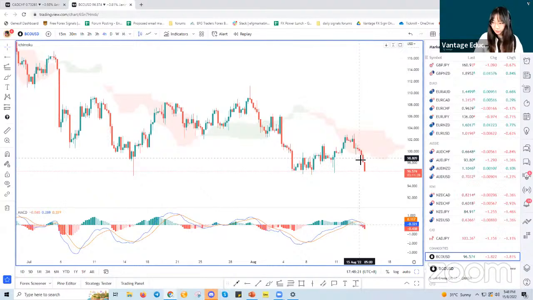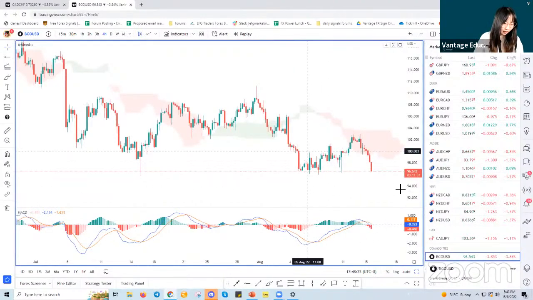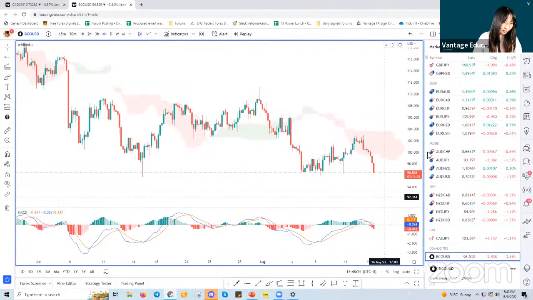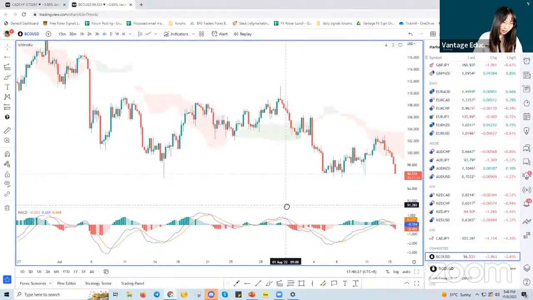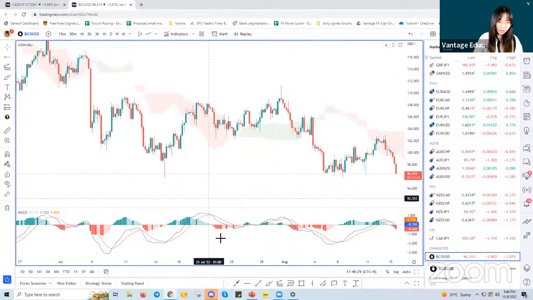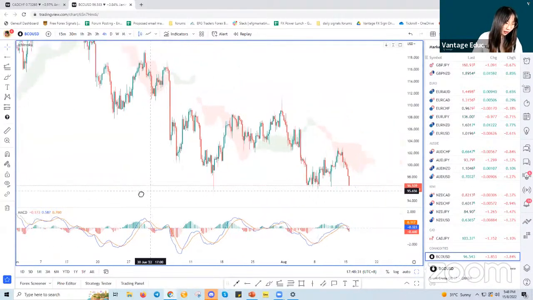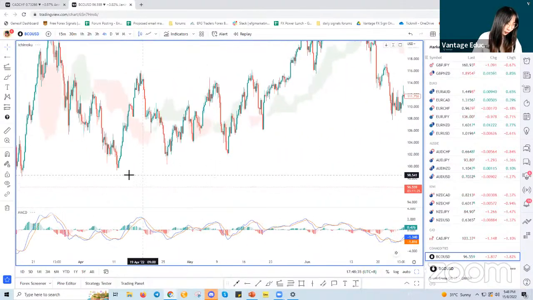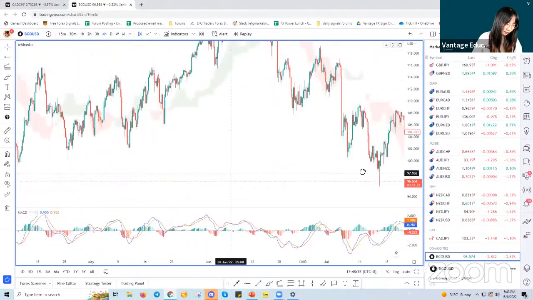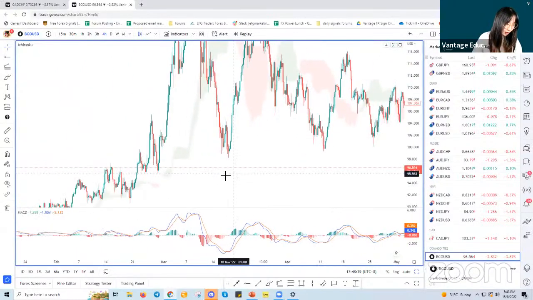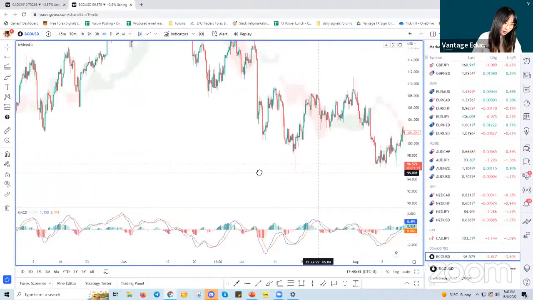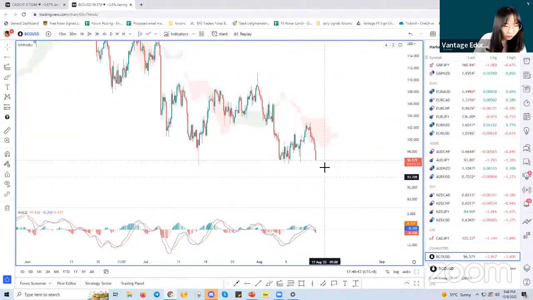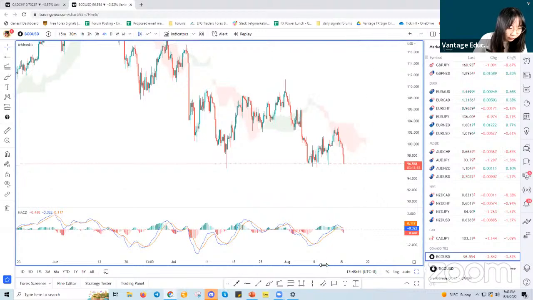I think the price is quite messy these days, because you can see recently the oil price almost touched its long-term bottom. If you go back, the oil price is quite low now.